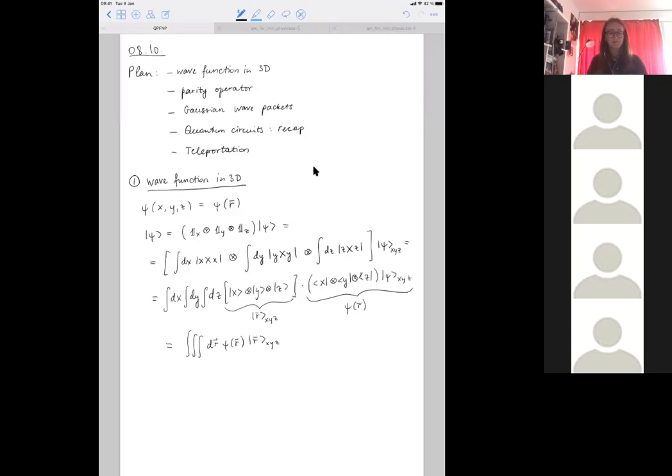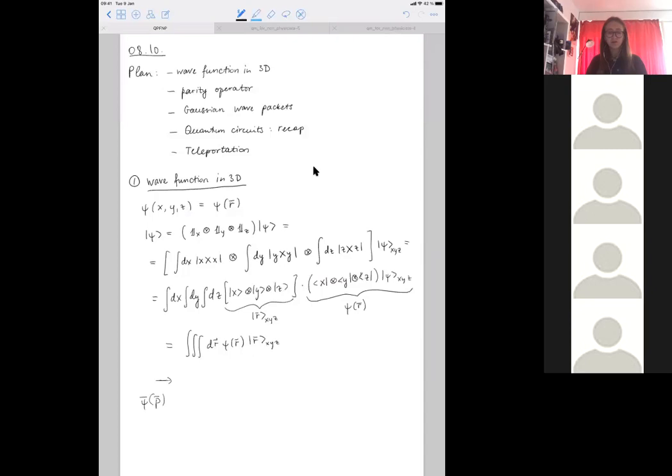Okay, and in the exercise, you also need to go to the momentum representation of this wave function, and the procedure is similar to the one-dimensional case. So I'll just start it here, and you can continue it by yourself.